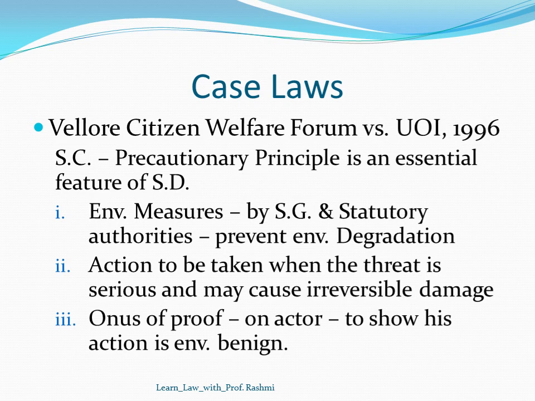Even if there is a reasonable apprehension that such irreversible damage is going to be caused, then there is no need of any scientific proof to prove that this activity is going to cause environmental damage. So such activity can be stopped without even producing any such scientific proof.